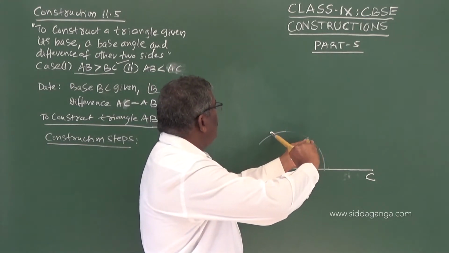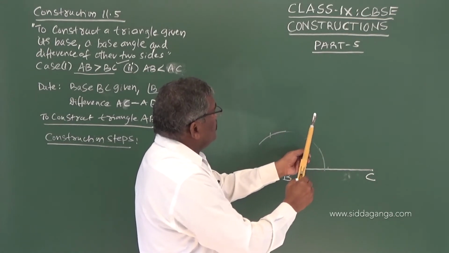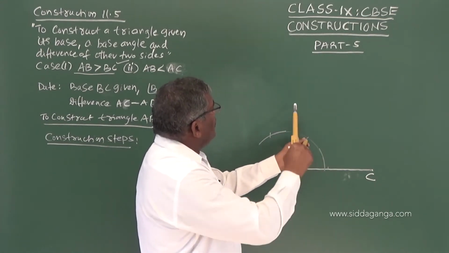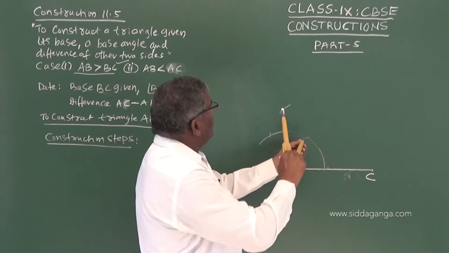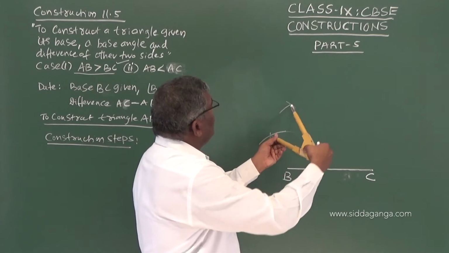This is 120 degrees, and if I bisect this, this point will give us 90 degrees.